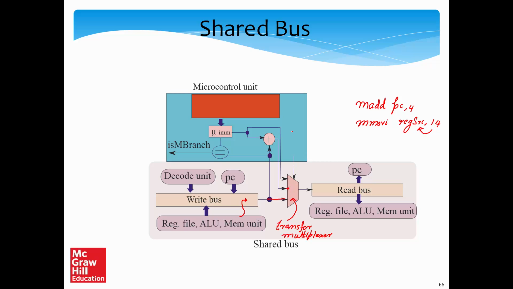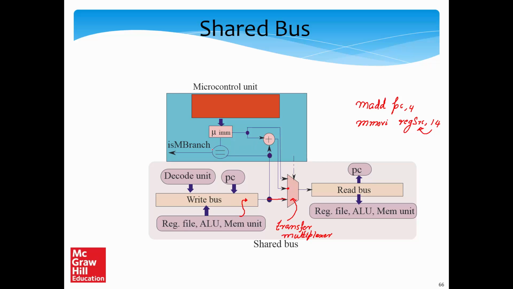And this micro immediate can be one of the values which is being transferred from a writer to a reader. That's the reason it is also one of the inputs to the transfer multiplexer, which is controlled by a set of control signals, which we shall discuss later.